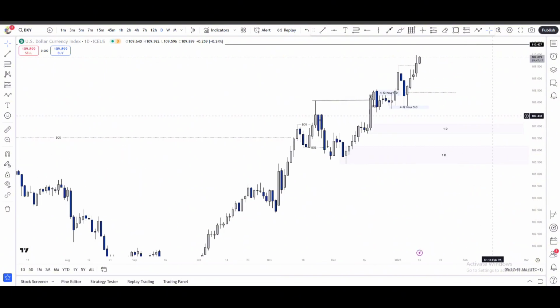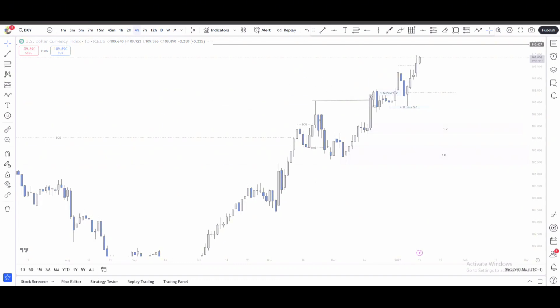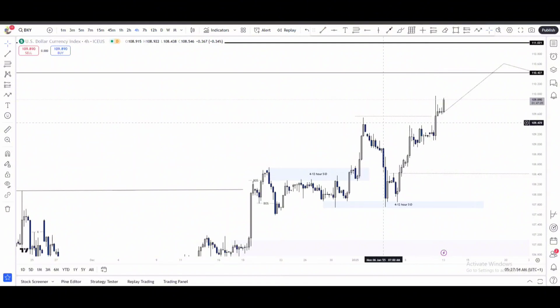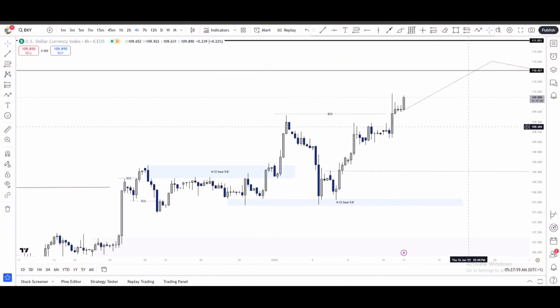All right, you can see that there was a break of structure here, BOS, and we're expecting this market to buy up to this zone, then we trace down to this breaker block here. Probably the market can still go lower, so down to this place, retrace down before it continues buying.